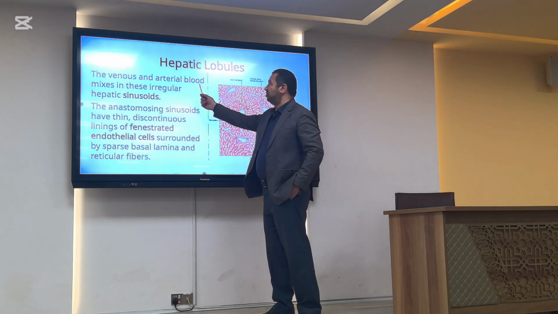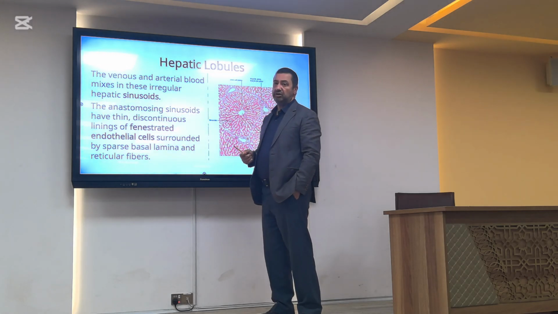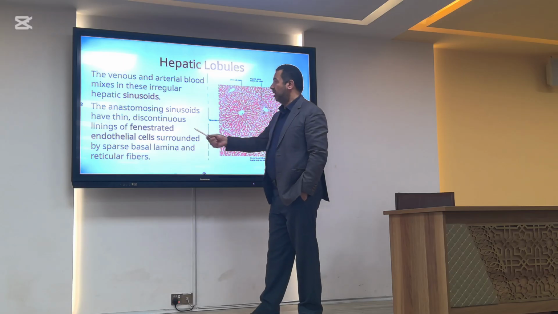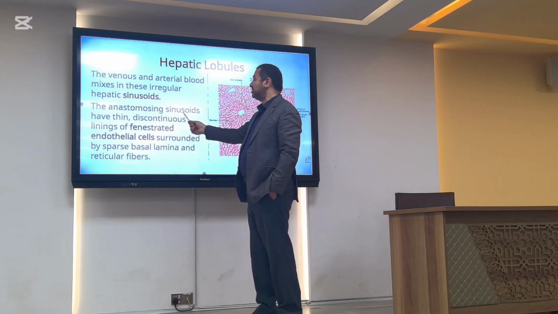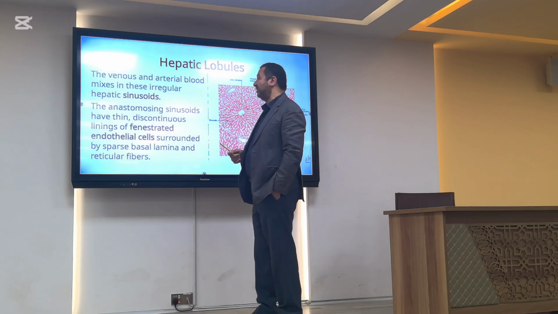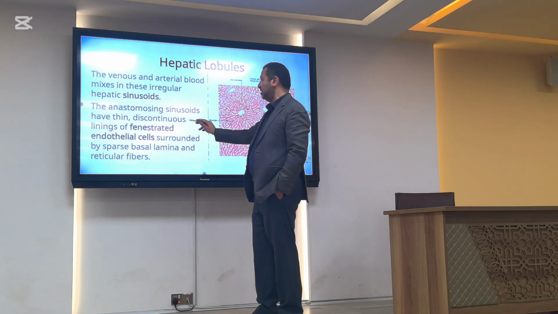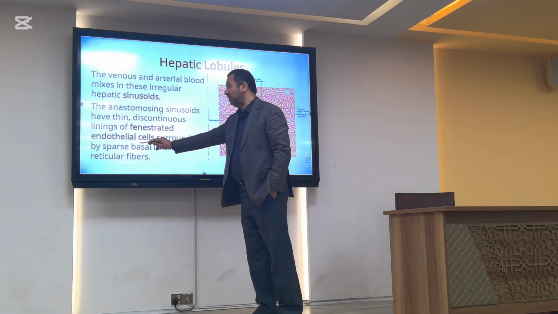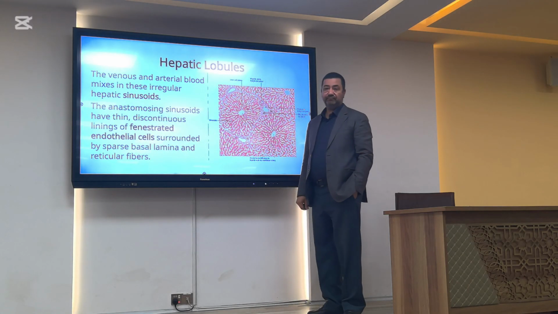The venous and arterial blood mixes in these irregular hepatic sinusoids. The anastomosing sinusoids have a thin, discontinuous lining of fenestrated endothelial cells, surrounded by sparse basal lamina and reticular fibers.